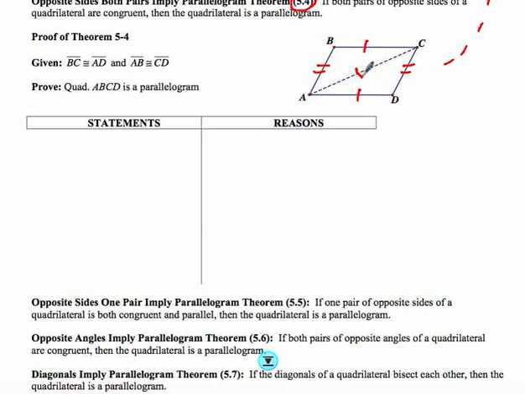Based on the markings you see, we have constructed segment AC, which joins non-consecutive vertices. Segment AC is a diagonal of the quadrilateral, and it is a reflexive side between triangles ABC and CDA, which shows very clearly where we'll get our congruency of triangles.